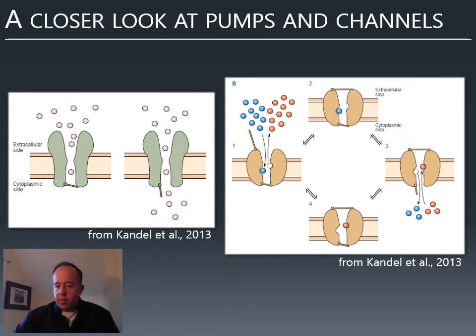So the pump requires energy, and the pump moves those ions in the opposite direction that they would otherwise go. And that's important because now we have these concentration gradients. We have our rules, and those rules say that the ions will want to go in a particular direction. And they want to go in that direction pretty strongly because of these pumps, because these pumps are maintaining those concentration gradients.